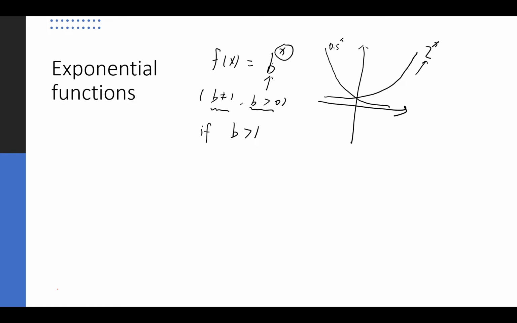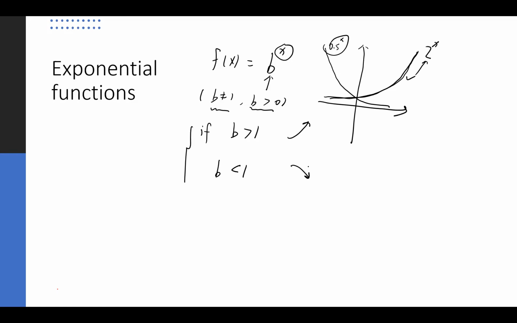So there are only 2 cases: b bigger than 1, or b less than 1. If b is bigger than 1, that would be this case. So the line is increasing. So it's an increasing function. If b is less than 1, take this for example, then the function is decreasing. That's something to keep in mind.